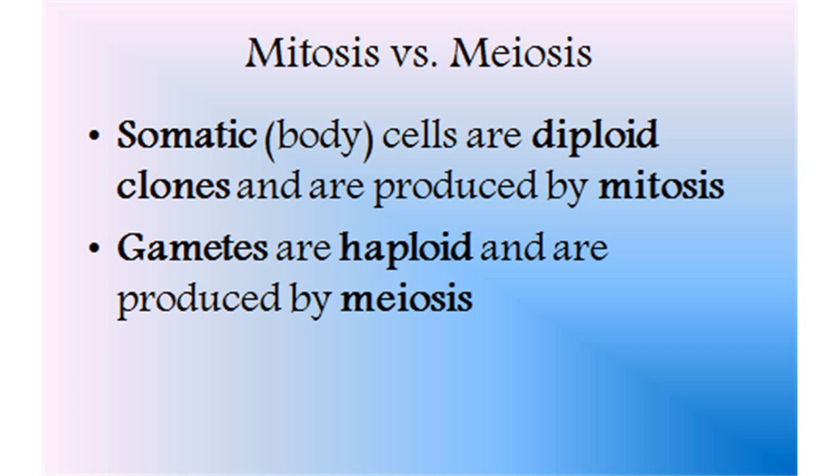Meiosis, on the other hand, produces gametes, which means sex cells, sperm and egg cells. These are haploid. They have half the DNA of normal body cells. They are genetically different from the original cell because they only have half of the genes, or half of the copies of genes that you have in a normal body cell.